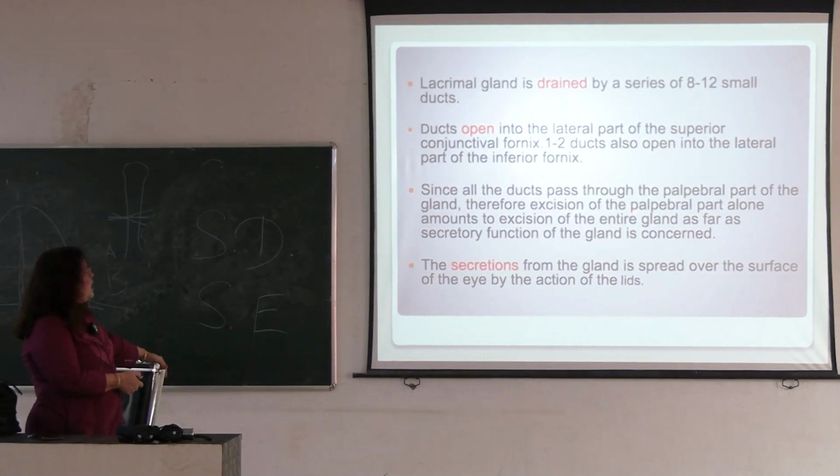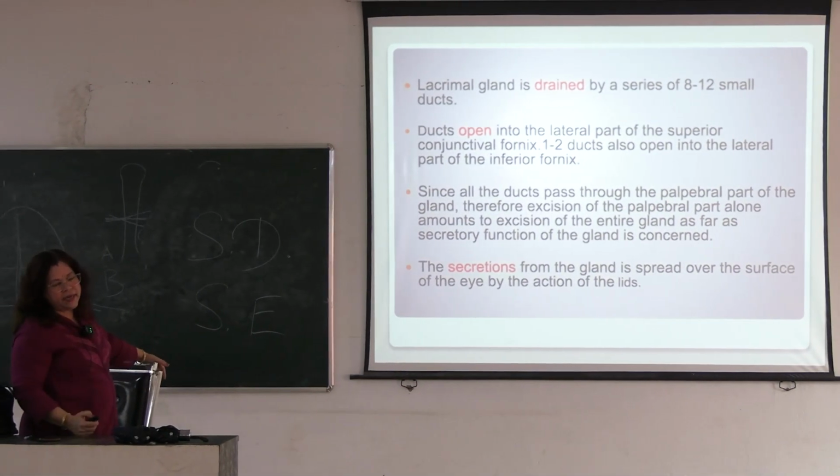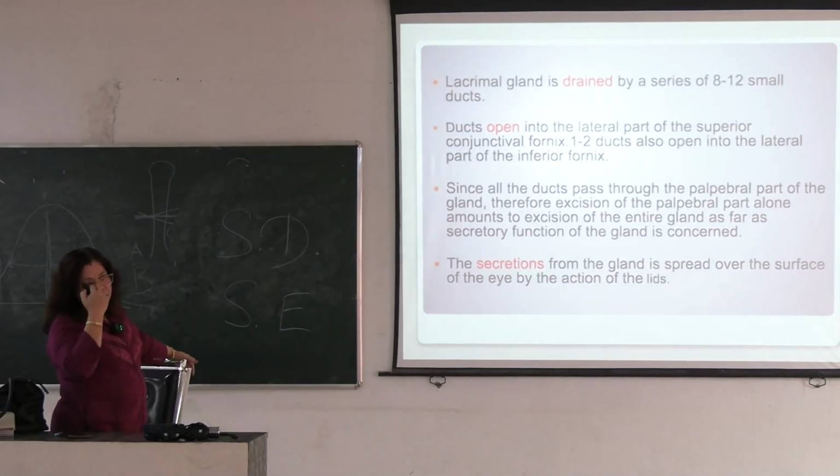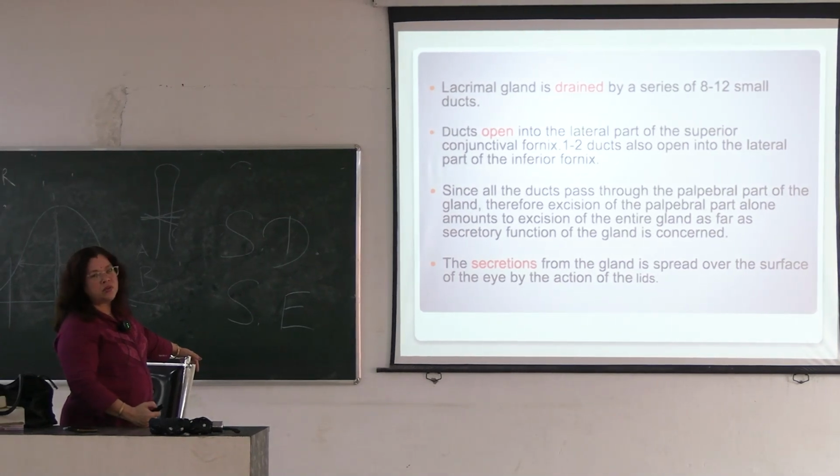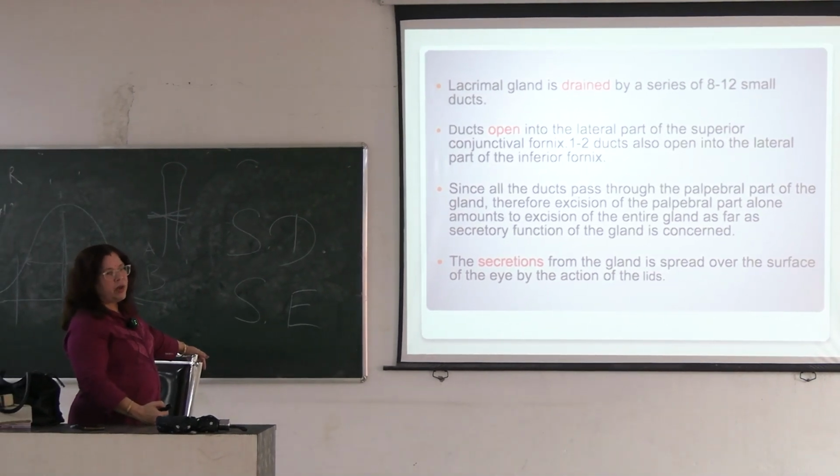In case of removal of the gland, if the palpebral part is removed, then all of the ducts are also removed along with it. Secretions from the gland are spread over the surface of the eye by the blinking action of the lid.